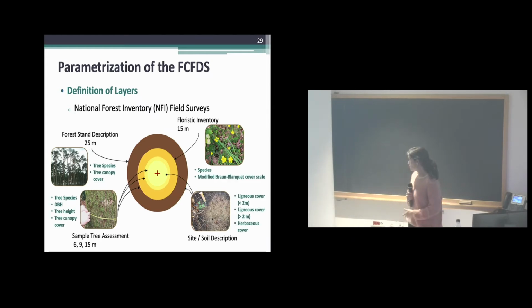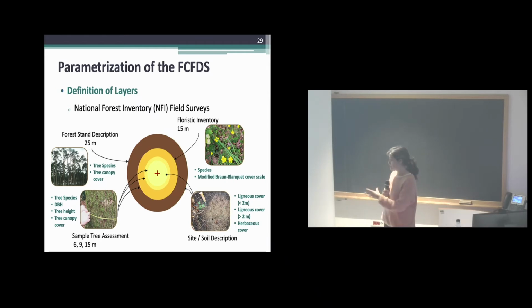For instance, here we have several variables that we can find in the data. We have tree species, several measurements, and what's important is the characterization in terms of forest cover. We have information about the herbaceous cover and the ligneous cover, depending on whether they are lower than 2 meters or higher than 2 meters, and we also have the tree species information.